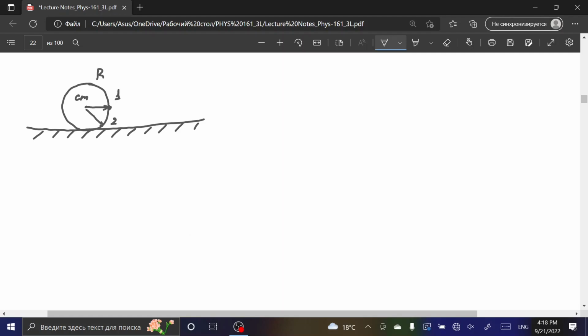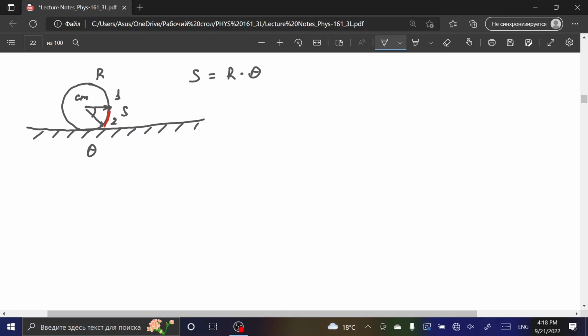So what will be the length of this segment? Here, let's mark it with red. If the angle is theta, then if we measure the angle in radians, we can determine this length of the segment as the product of the radius of this object times theta, the angle in radians.